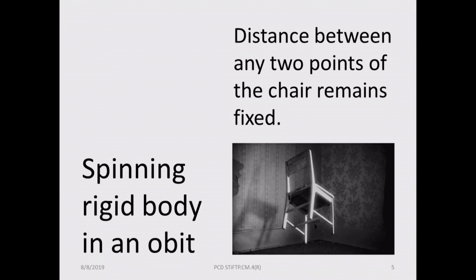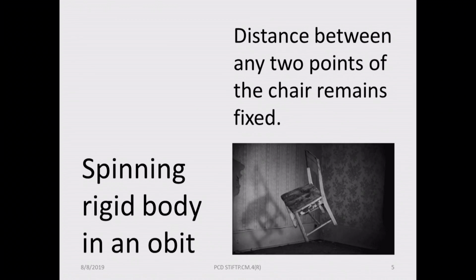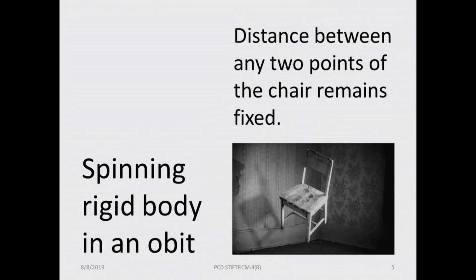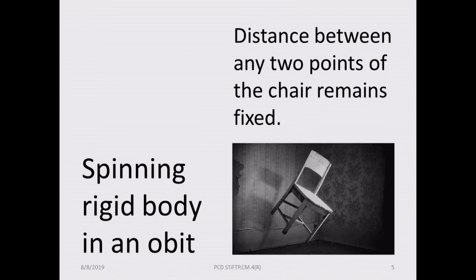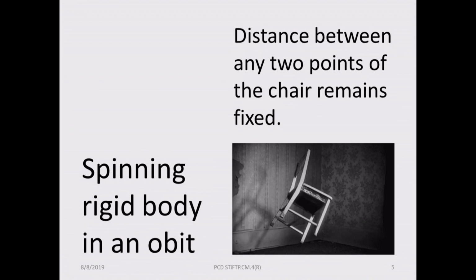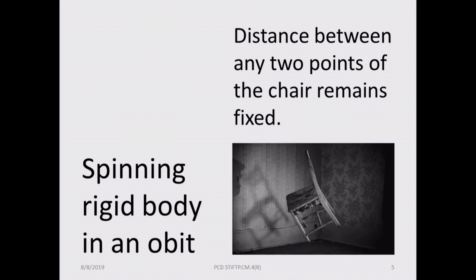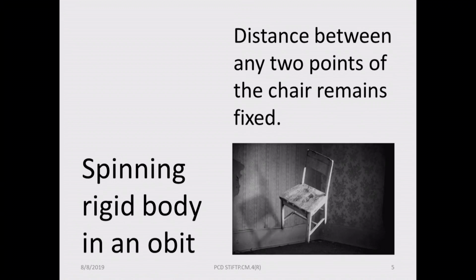So no matter how it spins, if you take any two points on this chair, that distance remains the same because it is a rigid body, which means that the number of degrees of freedom that the particles of the chair have are brought down because of this constraint. There is this constraint that the distance between the two particles must remain the same, and it is very easy to understand this when you just consider two particles.